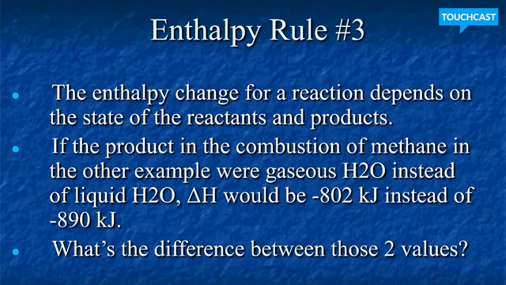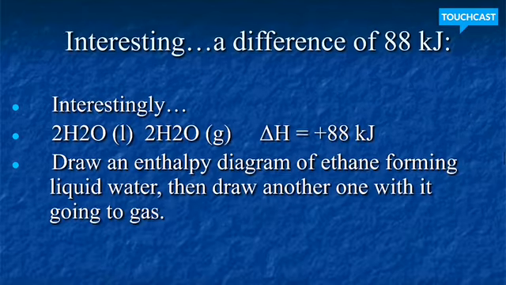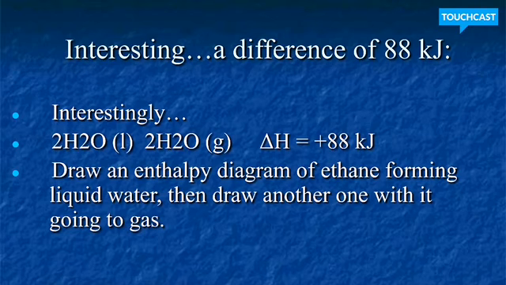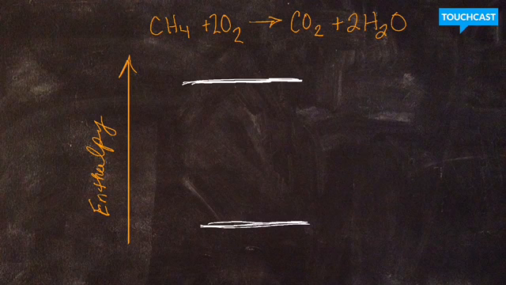So what is the difference between those two values? The difference between those two values is about 88 kilojoules. So in the textbook, they have you drawing these enthalpy diagrams. And I think this is probably one of the more important concepts that the AP chemistry test wants you to understand. So let's see if we can do that together.